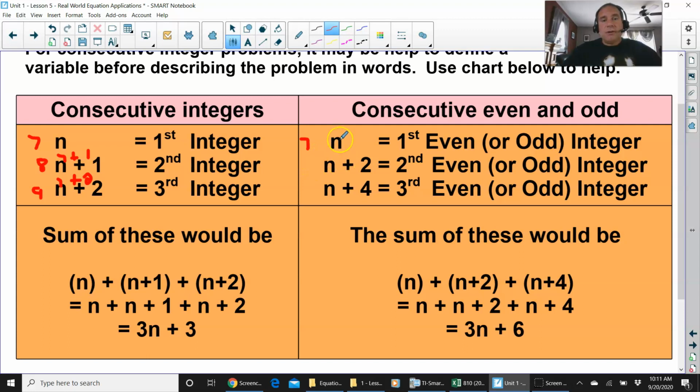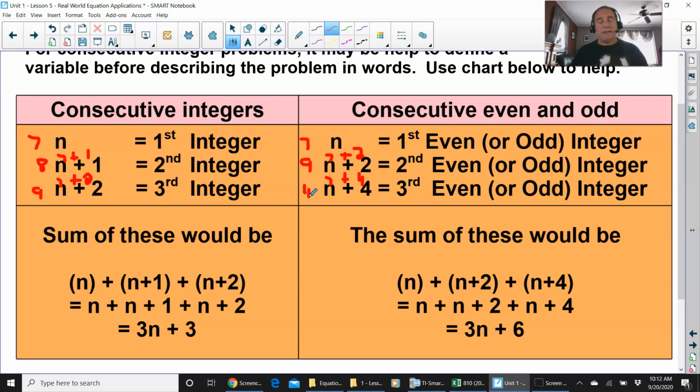So if n is 7 and you add 2 to it, that is 9. That's the next consecutive odd integer. Then n is still 7, and it stays 7. You add 4 to it. Well, 7, 8, 9, 10, 11. 7, 9, 11. It works for any numbers.